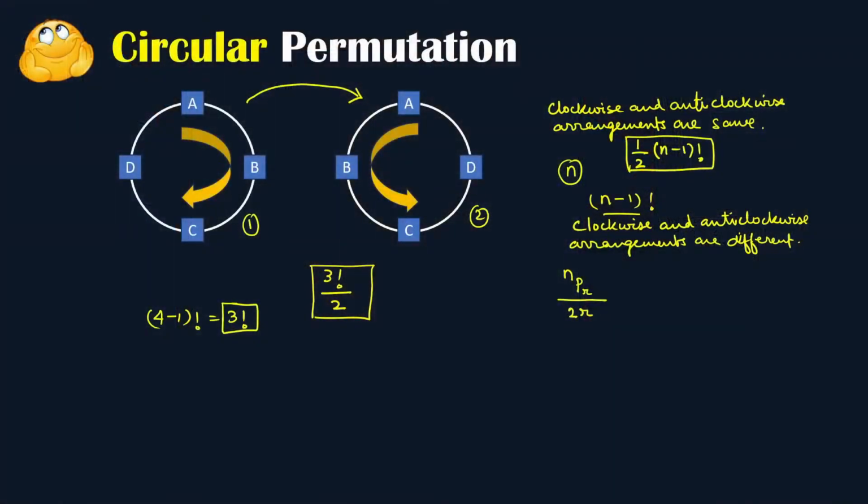Is it clear? So what is nPr by 2r? It is the total number of circular arrangements of r objects taken from n distinct objects and permuted in a circular fashion, where the clockwise and anti-clockwise arrangements are same. Is it clear to everyone?